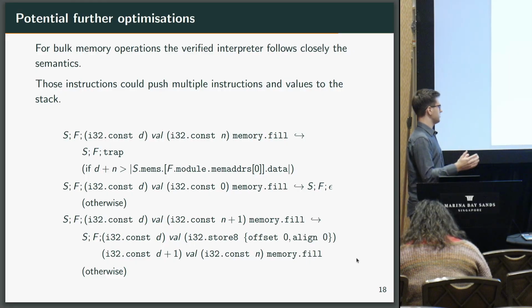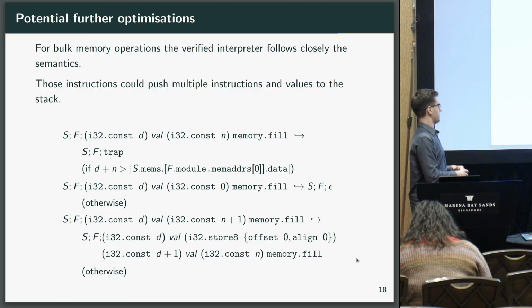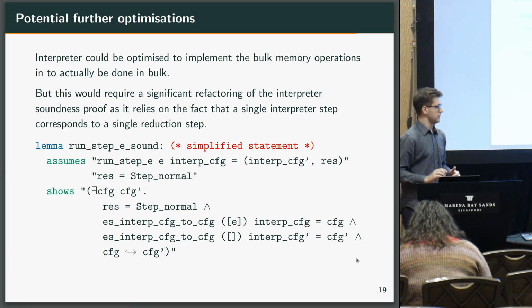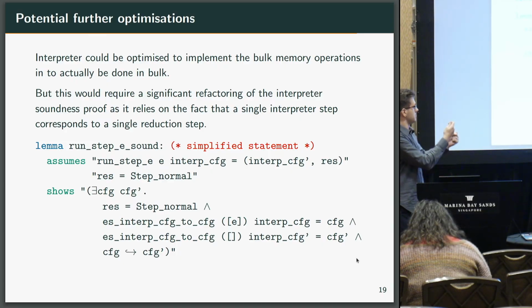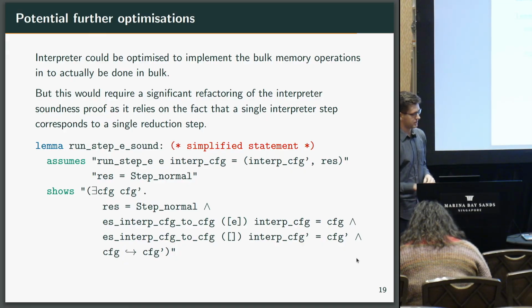And the interpreter, since it follows those semantics closely, also performs this kind of pushing of multiple instructions to the stack. It could obviously be optimized to implement the bulk memory operations in bulk without pushing the instructions to the stack.